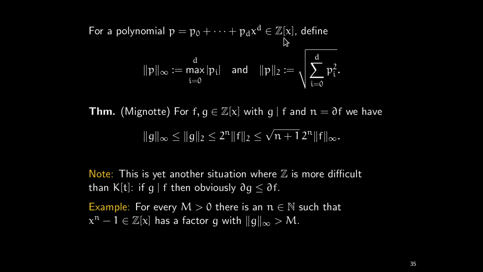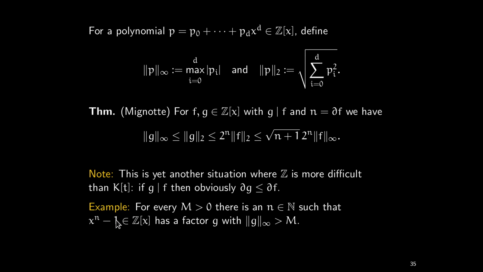And in fact, that's not just a weakness of the theorem, but it's in fact a feature of the polynomials. Here's an example. If you look at this polynomial, x to the n minus 1, it has extremely small coefficients, just 1 and minus 1, and 0, so the norm of a polynomial can't be much smaller than that.